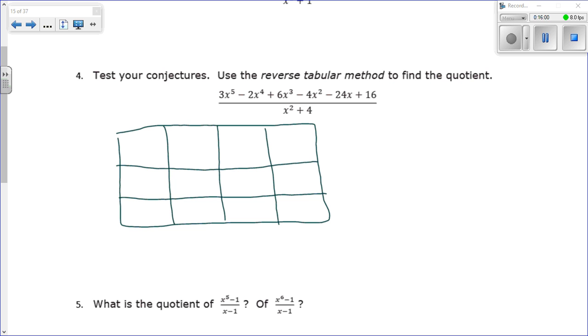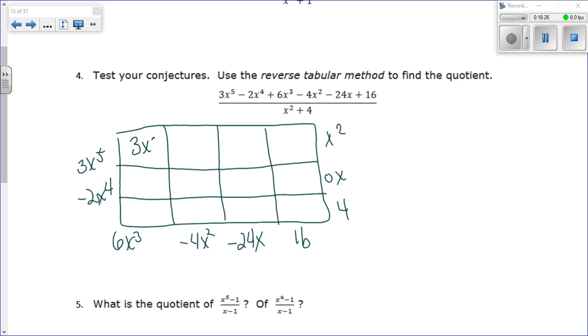And this would be x squared, 0x, 4. And on the outside I have 3x to the 5th, negative 2x to the 4th, 6x cubed, negative 4x squared, negative 24x, and then 16.